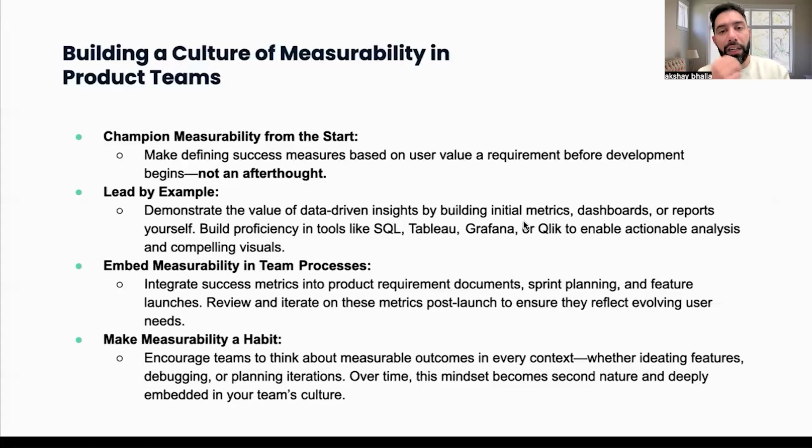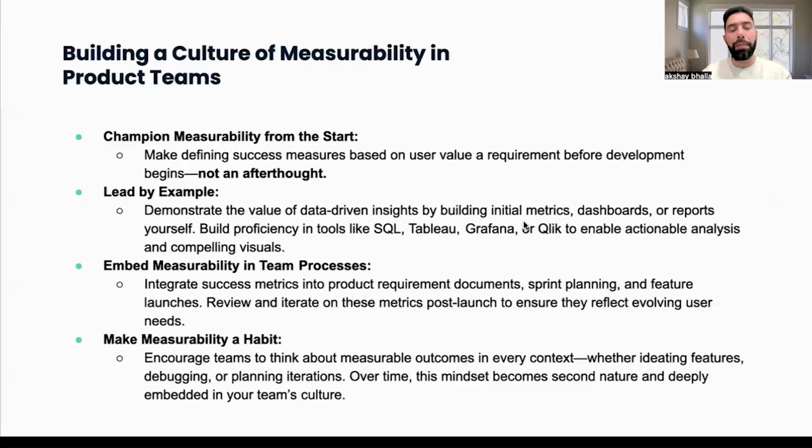Integrating measurability into everyday processes. What I say is make it a habit. Incorporate these metrics into your product requirement documents, sprint goals, feature reviews, everything. Use these dashboards and visualizations to make decisions and get buy-in.